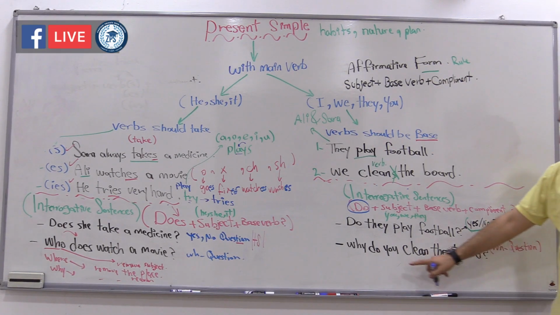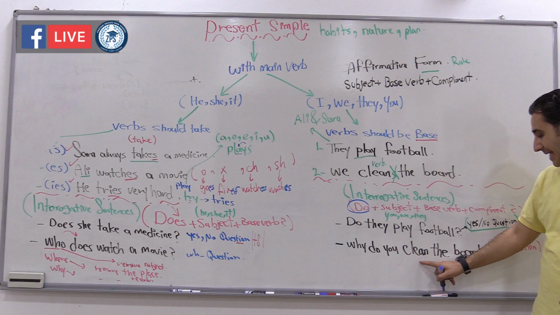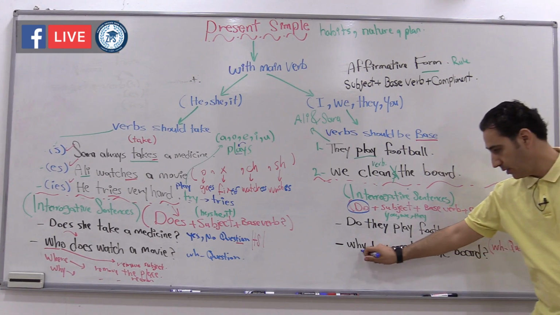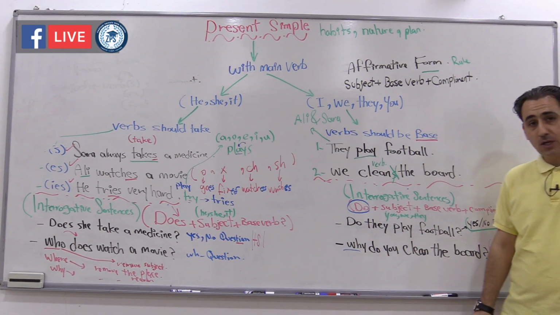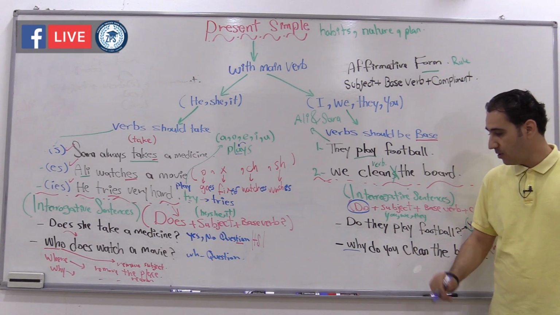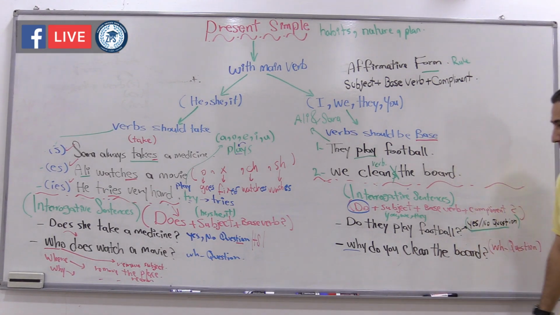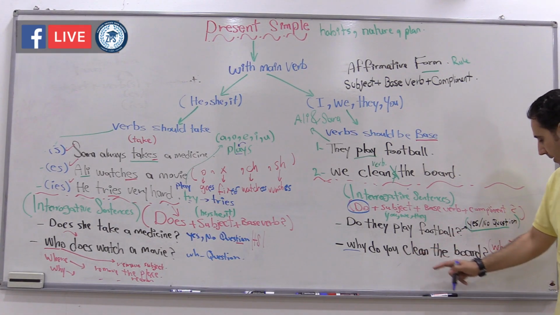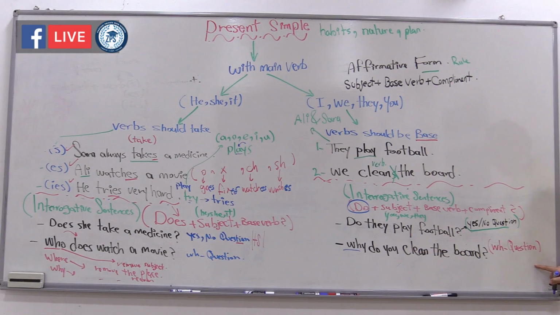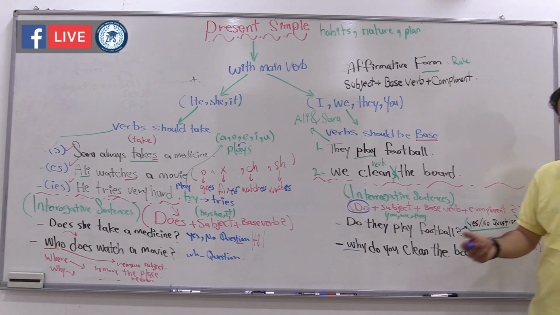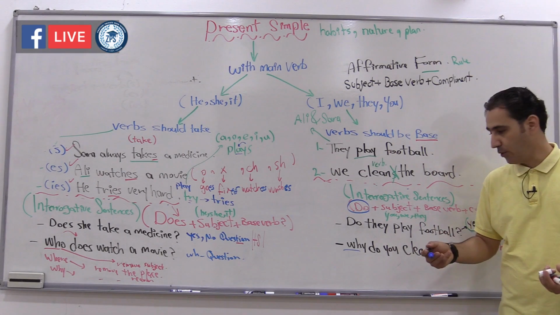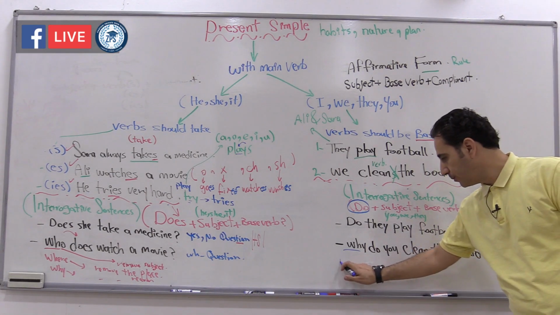Okay? Why do you clean the board? So, WH question at the beginning of the sentence. So, that's why we call them WH questions. And again, we can use who do clean the board. Who do clean the board, without you.